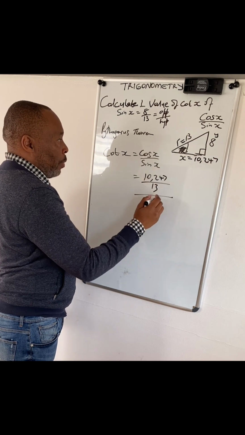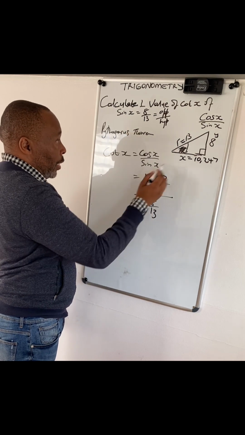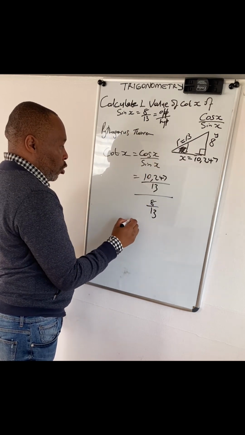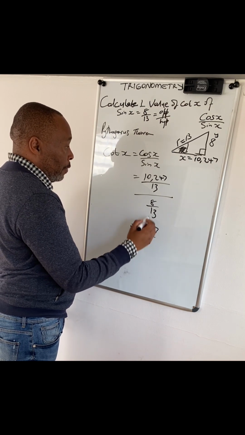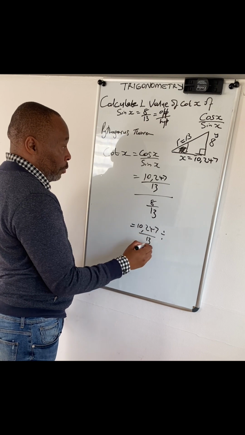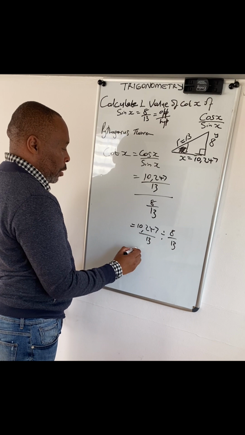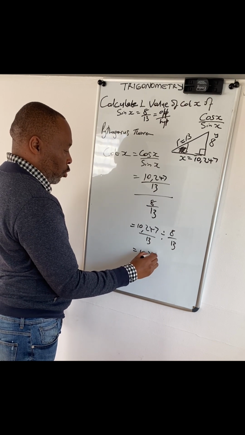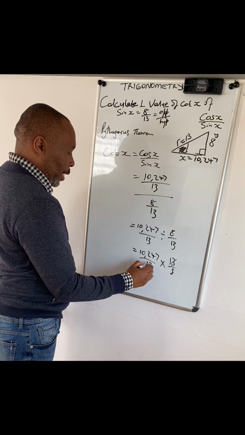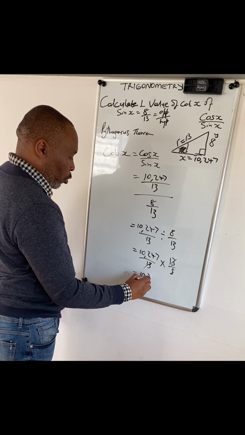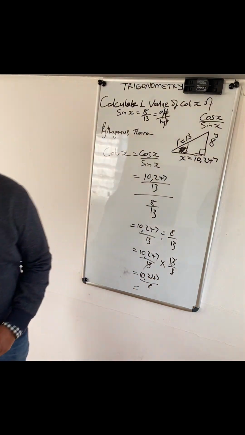We divide this by sine x, which is 8 over 13, because we are given that, but we've got it here as well. So we've got 10.247 over 13 divided by 8 over 13, which is 10.247 over 13 multiplied by 13 over 8. This cancels and this cancels. We've got 10.247 all over 8.